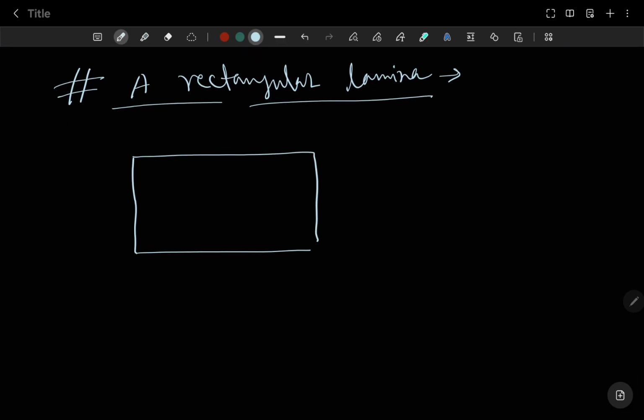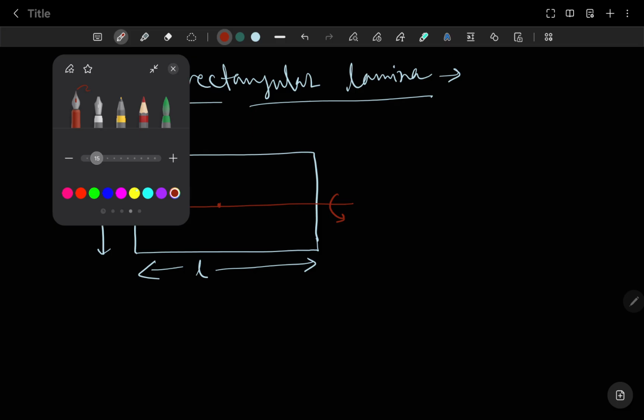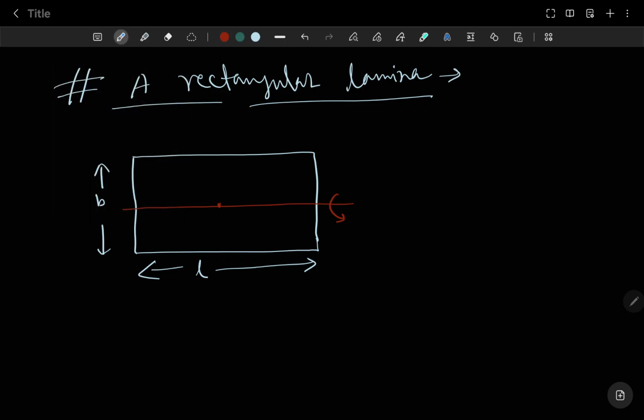Suppose a rectangular lamina of length L and breadth B. Now let us consider an axis like this. Then we can think of a strip, like this.